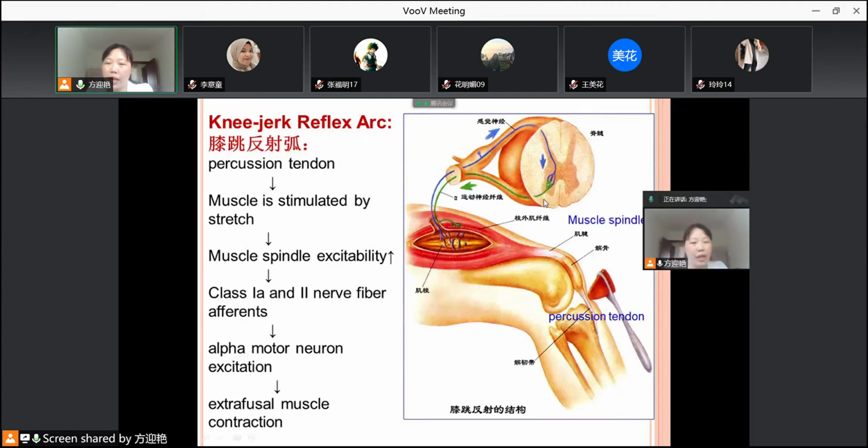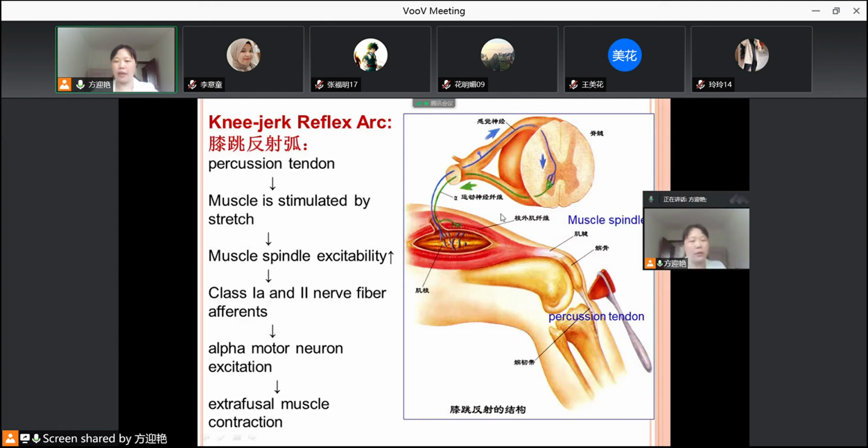Then can you see here that there is the reflex arc. The arc structure should be complete with no damage. It includes the receptor, the afferent nerve, the center which is the alpha motor neuron, the efferent nerve fiber, and the effector, which is the skeletal muscle.